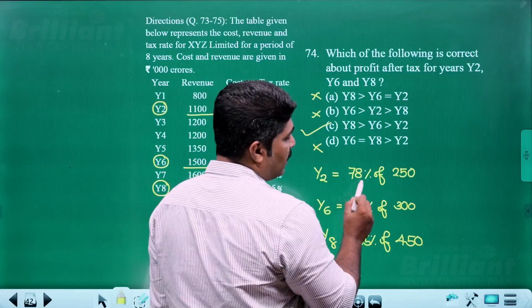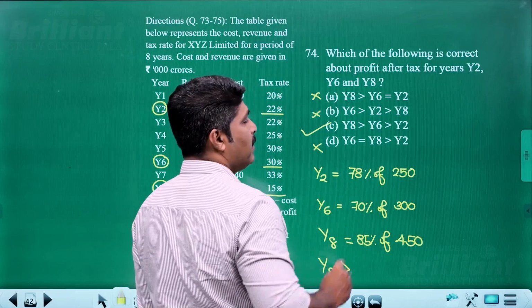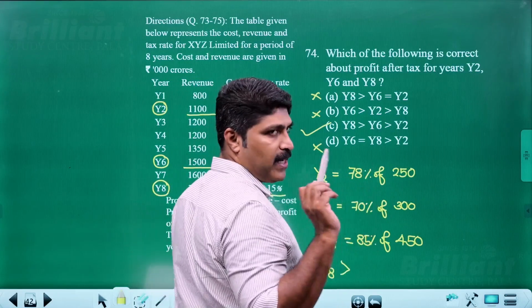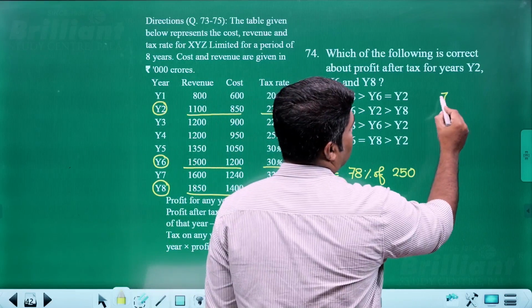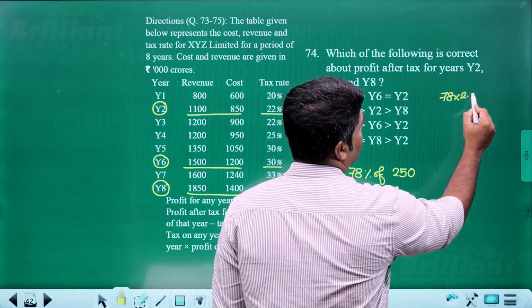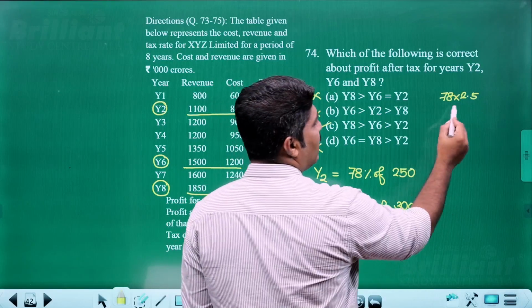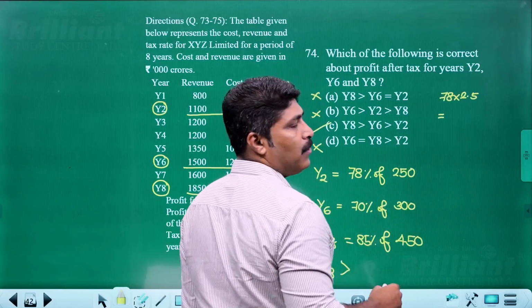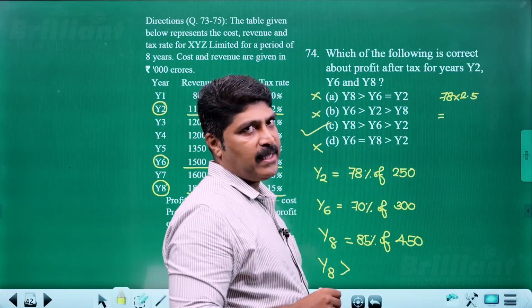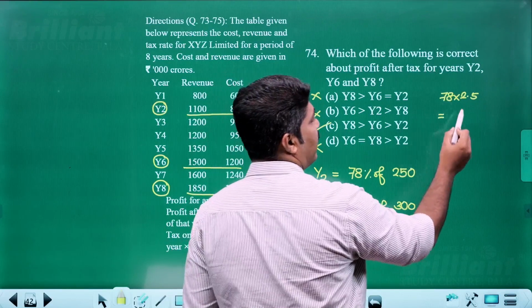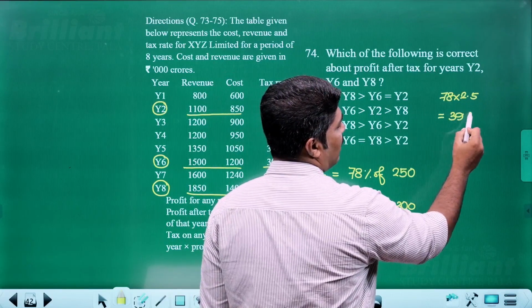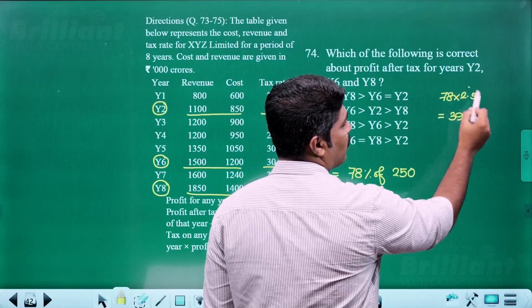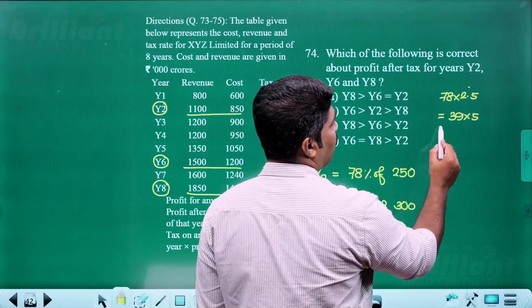Then, if you are doing the multiplications, how will it become? This is 78 into 2.5, like that we consider. What is 78 into 2.5? We can do 78 into 2, or this will be in the form of 39 into 5, because 2.5 is nothing but 5 by 2.